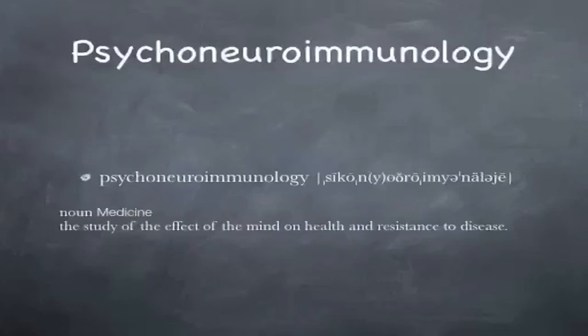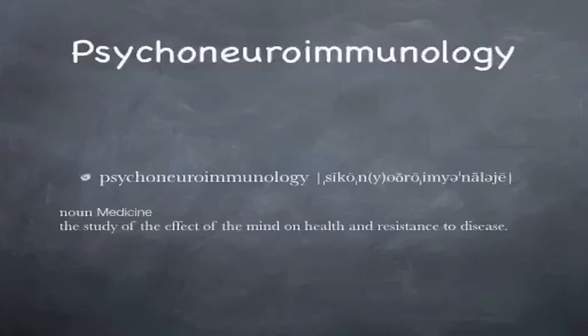It is this correlation between these different factors that has given birth to a whole new realm of medical research called psychoneuroimmunology, which is defined as the effect of the mind on health and resistance to disease.